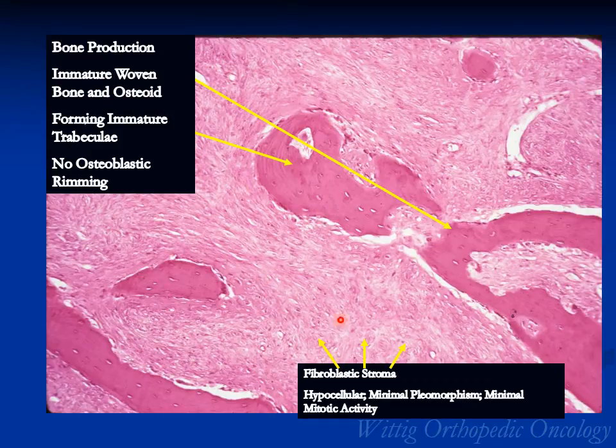And how this differs from an osteoblastoma, there's a very rich fibrovascular component, and the trabeculae all intervene and touch each other, and there's osteoblastic rimming. Right? These would be lined with plump osteoblasts, and there'd be a lot of blood vessels and fibrous tissue in the intervening stroma.